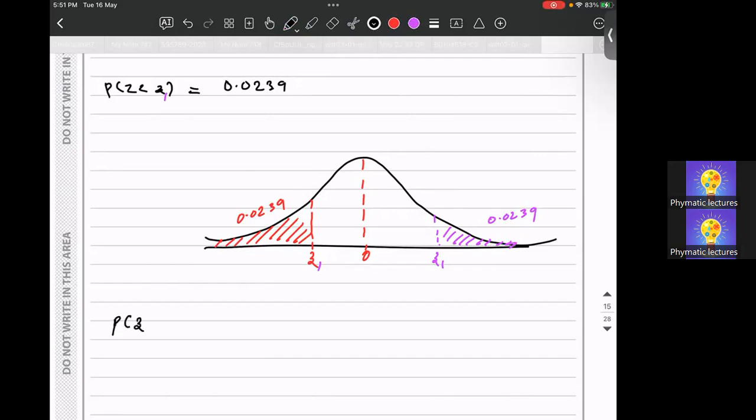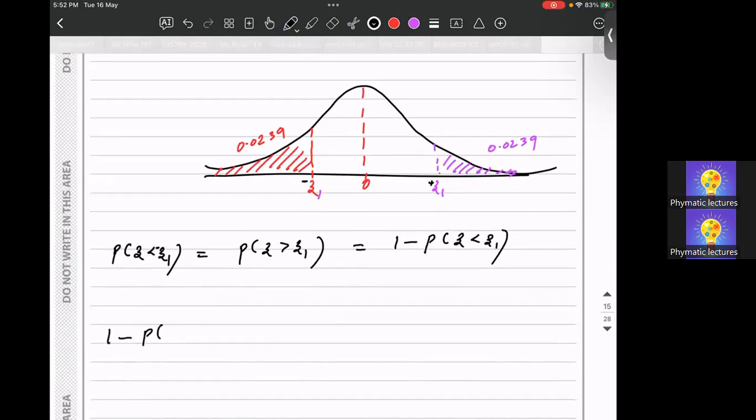So the probability of Z less than minus Z1 is exactly equal to the probability of Z greater than positive Z1, which is 1 minus the probability of Z less than positive Z1. So 1 minus the probability of Z less than Z1 is 0.0239. Therefore, the probability of Z less than Z1 is 1 minus 0.0239.